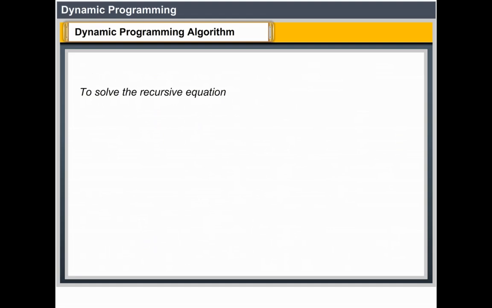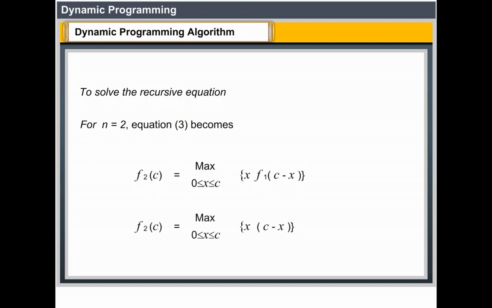To solve the recursive equation for n = 2, equation 3 becomes f2(c) = maximum for 0 ≤ x ≤ c of x into f1(c minus x). f2(c) = maximum for 0 ≤ x ≤ c of x into (c minus x).